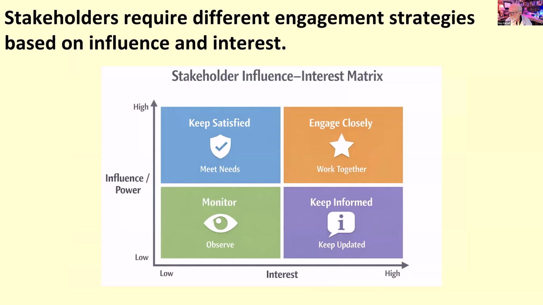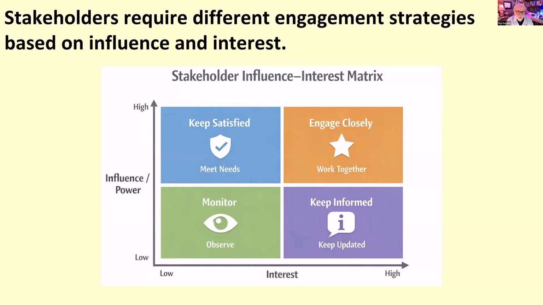And this is a picture of the stakeholder influence interest matrix that you can use when you're trying to figure out what stakeholders are. So once we've identified the stakeholders, the next step is to figure out how we're going to engage the stakeholders. And so this matrix helps us to avoid a couple of common mistakes in understanding their influence.